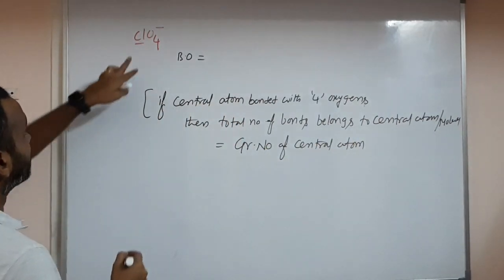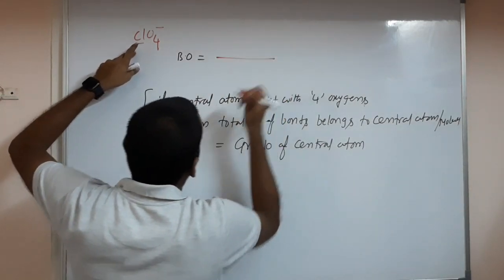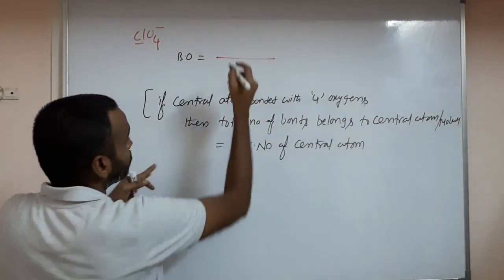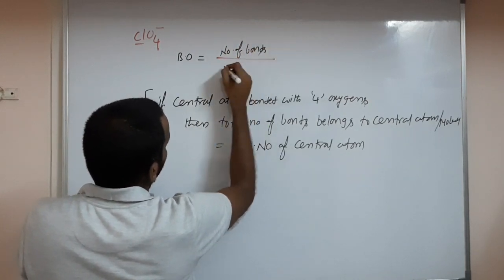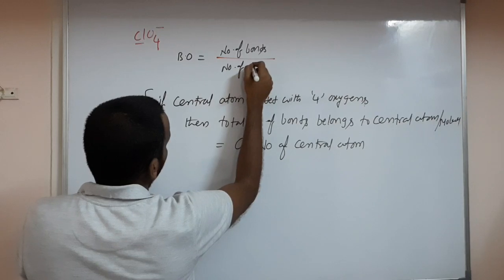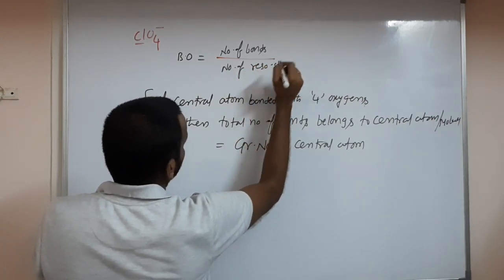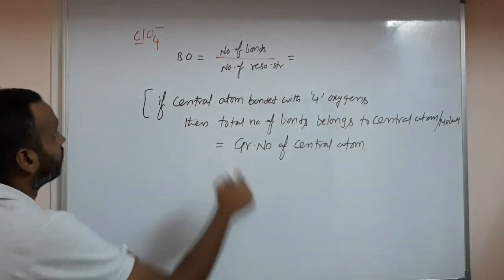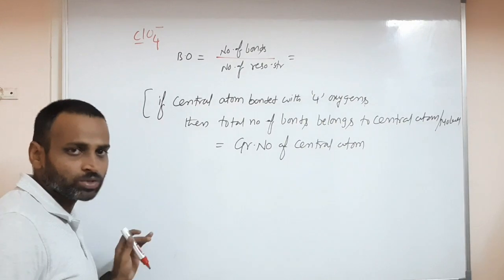Then in ClO4 minus, what is the bond order, if they ask? You have to know the formula. What I told you: number of bonds by number of resonating structures. I wrote number of bonds. See here, chlorine bonded with 4 oxygens. For oxygen mostly they'll ask.